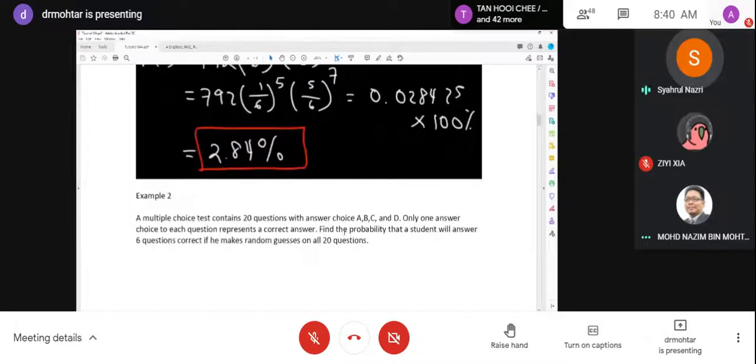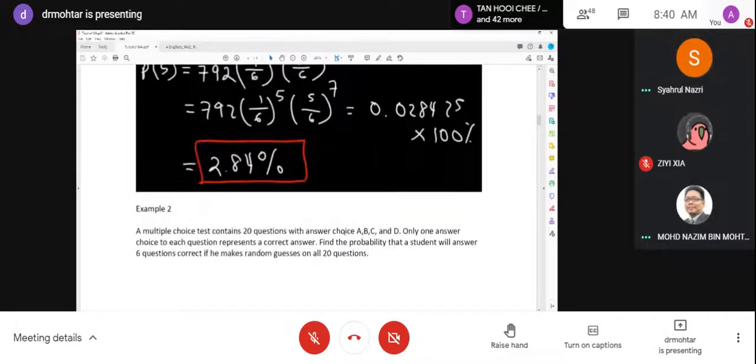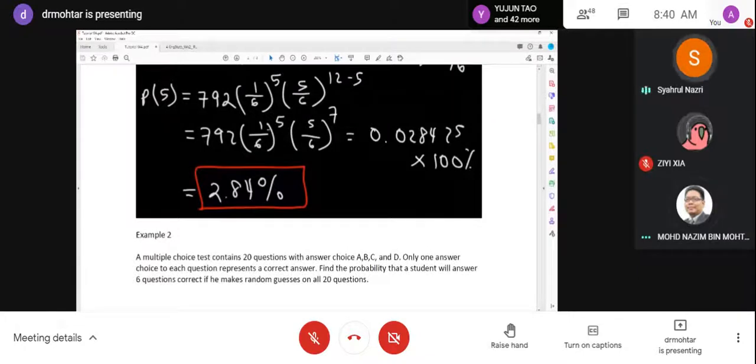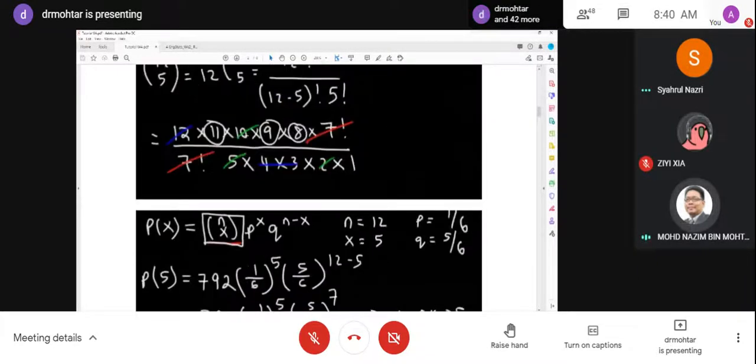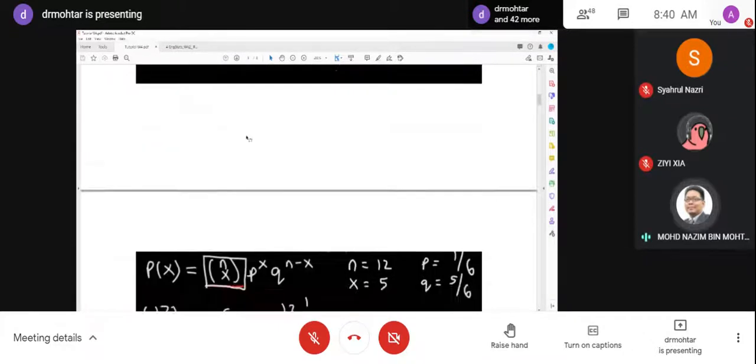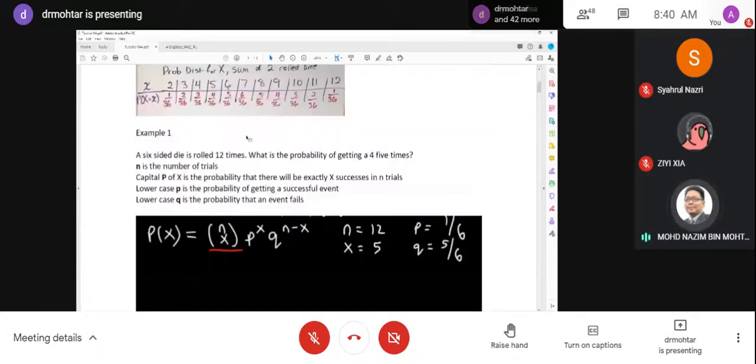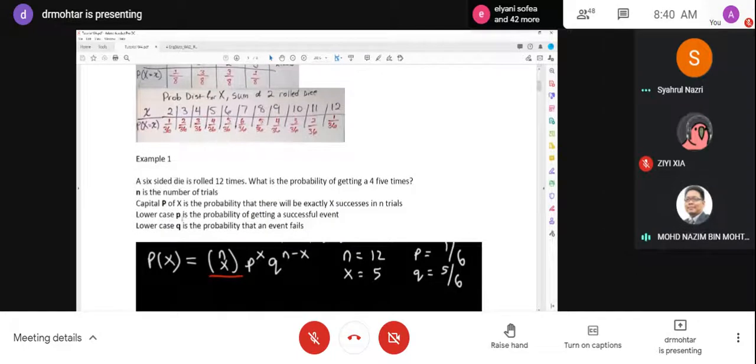Doctor, why is p 1/6? Ah, this success, because a die has six sides, so for the number of successful events, you want to get a 4, so what is the probability you get a 4 when you roll a die?